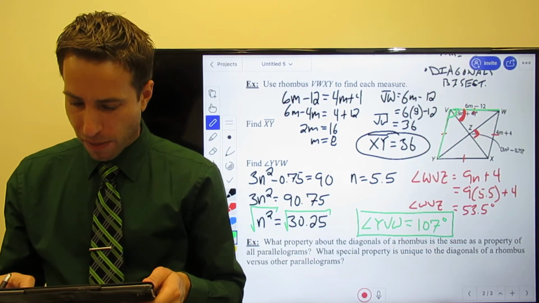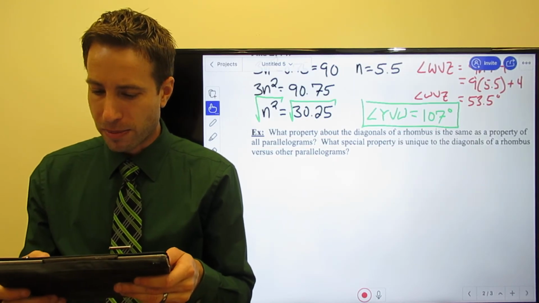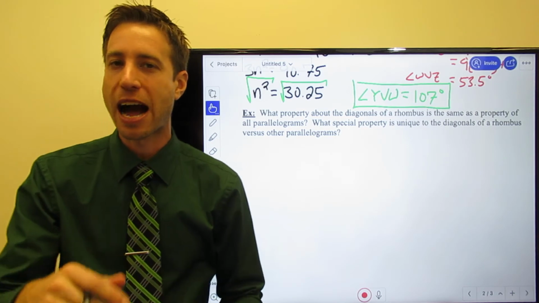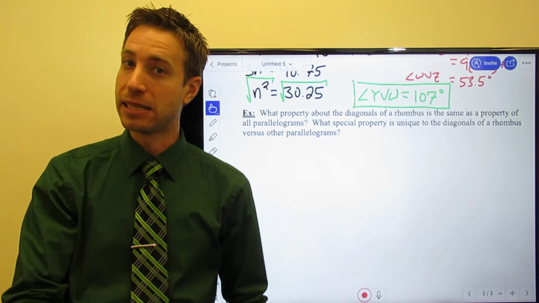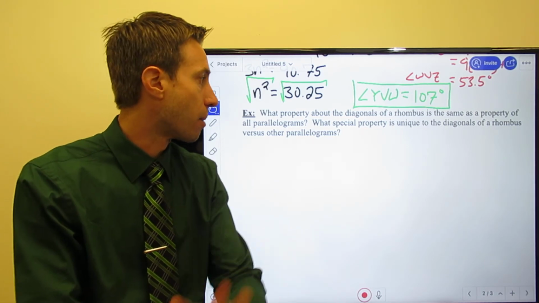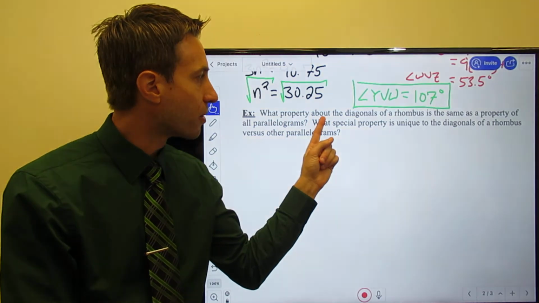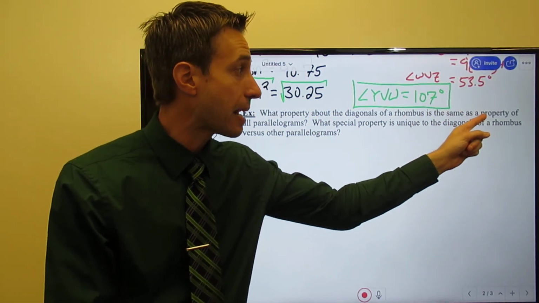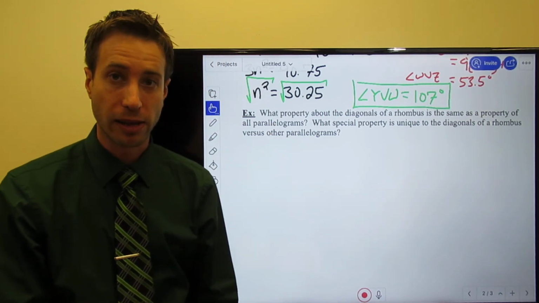I got one more problem for you here. It's not really a problem, it's more of a question just to help us hash out the similarities and differences between parallelograms and rhombuses. Here we go. What property about the diagonals of a rhombus is the same as the property of a parallelogram?